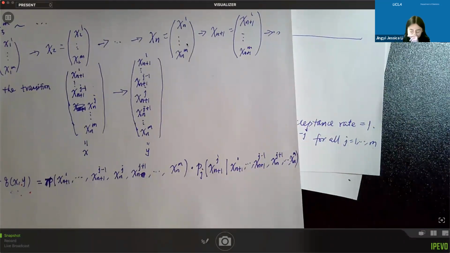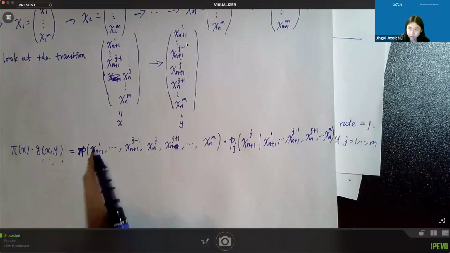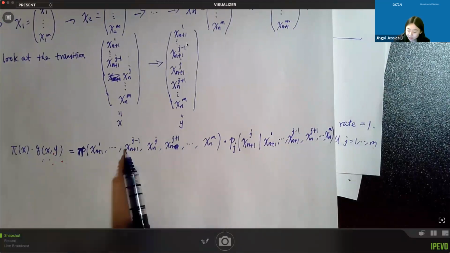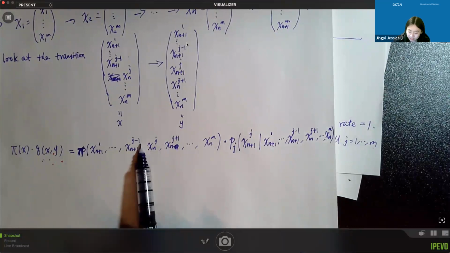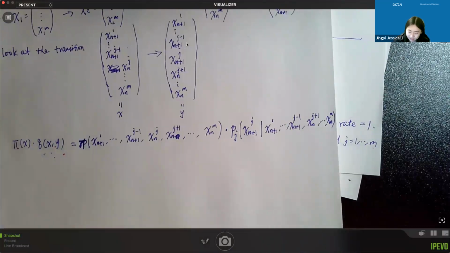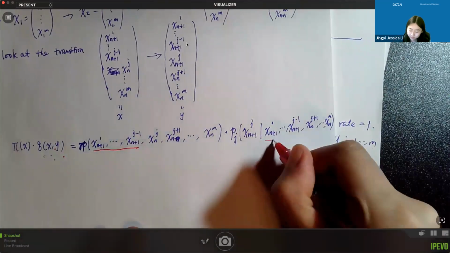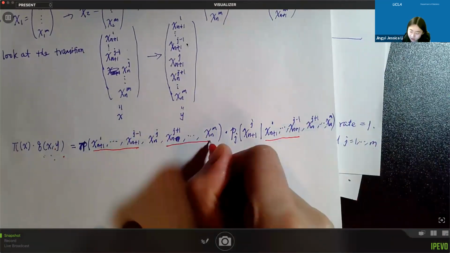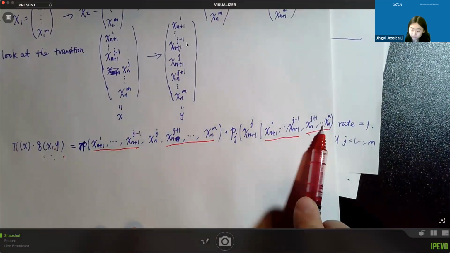Okay, so what I have here is interesting. This is the joint distribution of all the m dimensions, and I'm having m minus 1 of them. These at j plus 1 are here, and these are also here, so they are actually in the condition.